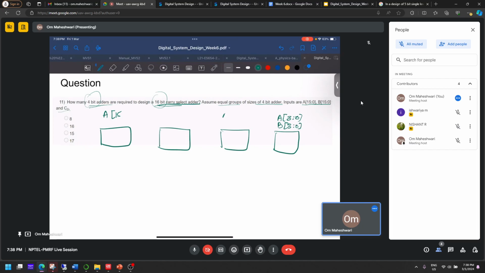This can add A7 to A4, B7 to B4, then A11 to A8, B11 to B8, then A15 to A12, B15 to B12. So let's say these are 4-bit adders.